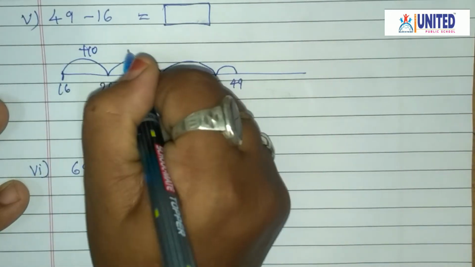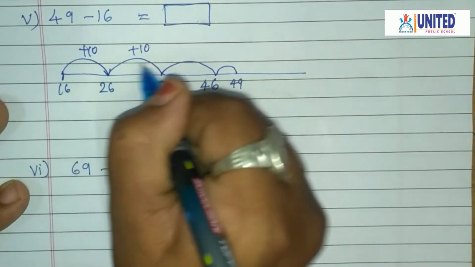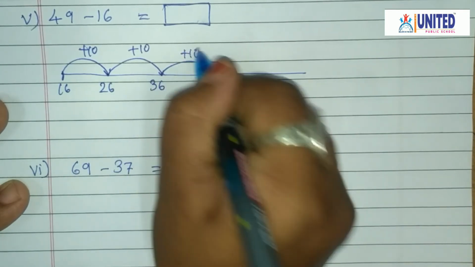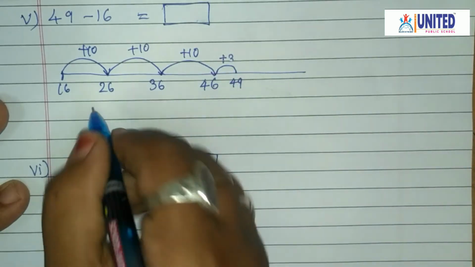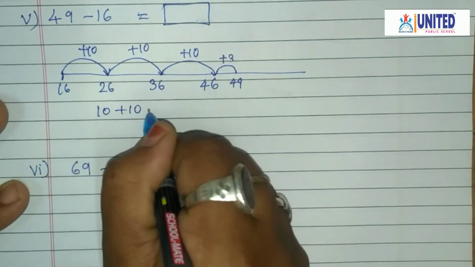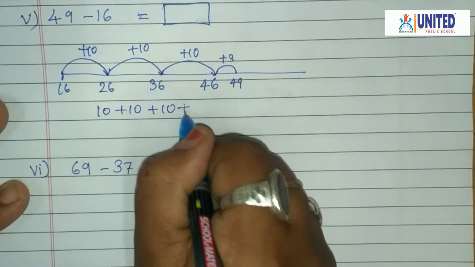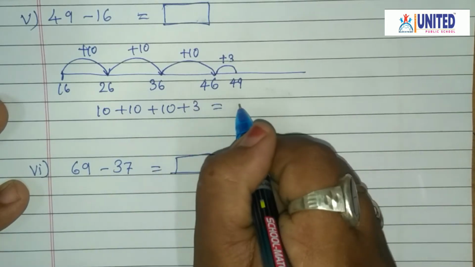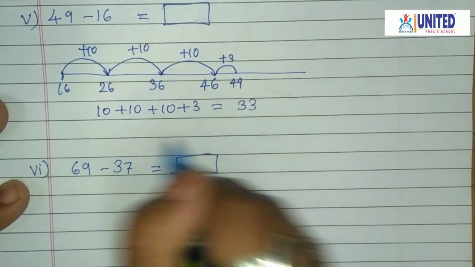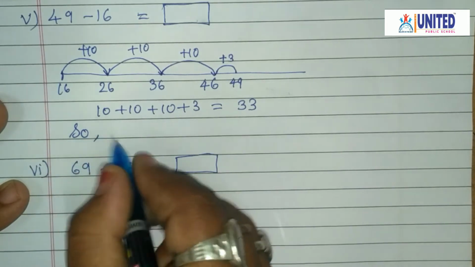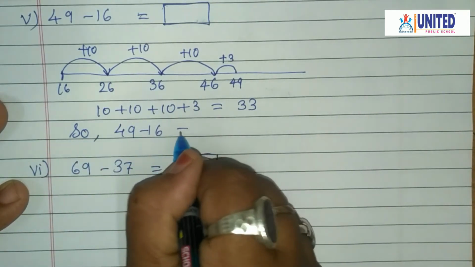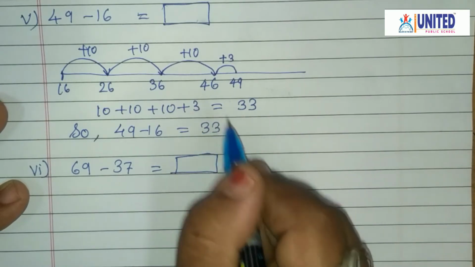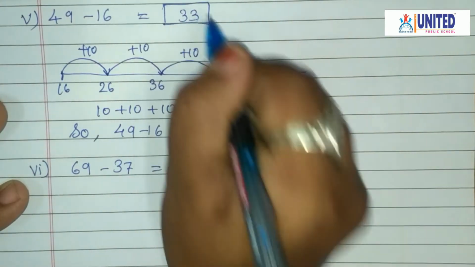So here plus 10, again plus 10, now plus 3. So write 10 plus 10 plus 10 plus 3, that is equal to 33. So we can write 49 minus 16 is equal to 33, our answer is 33.